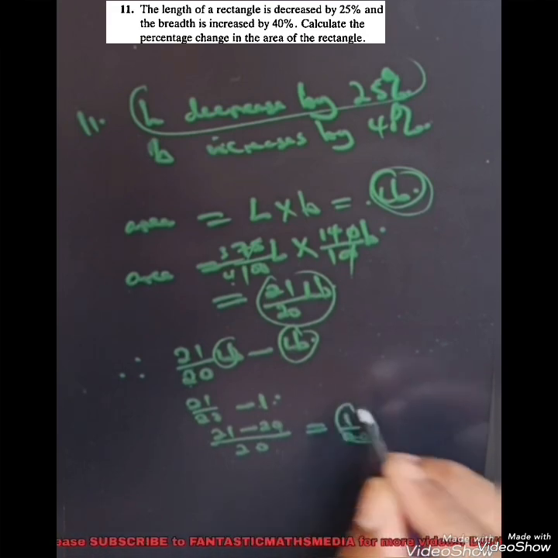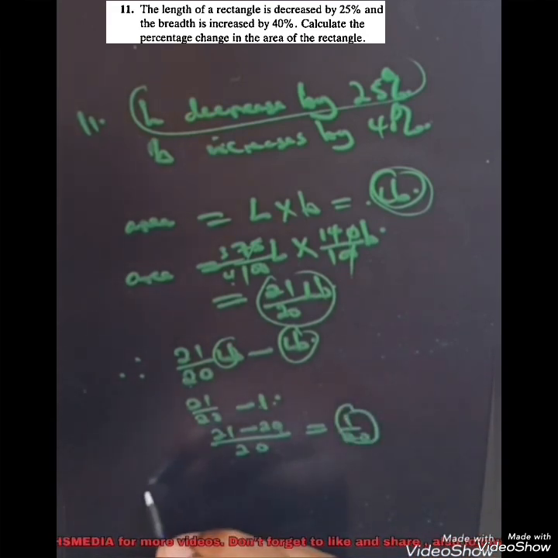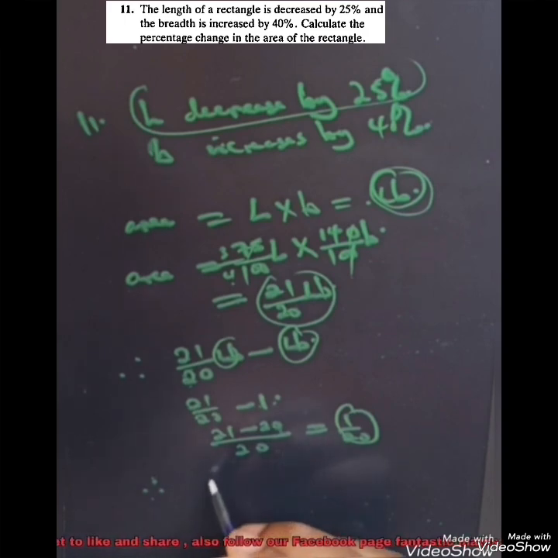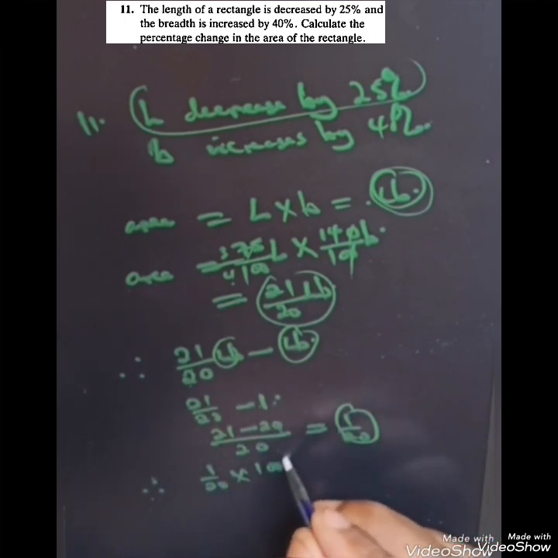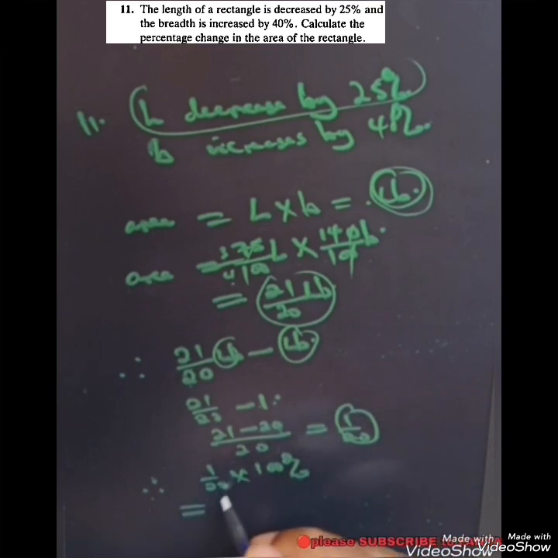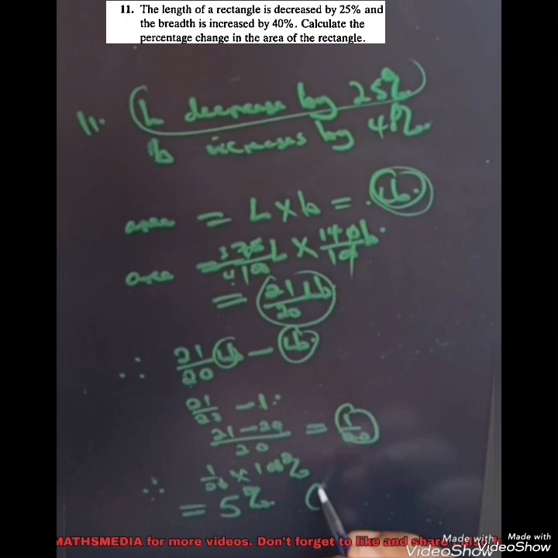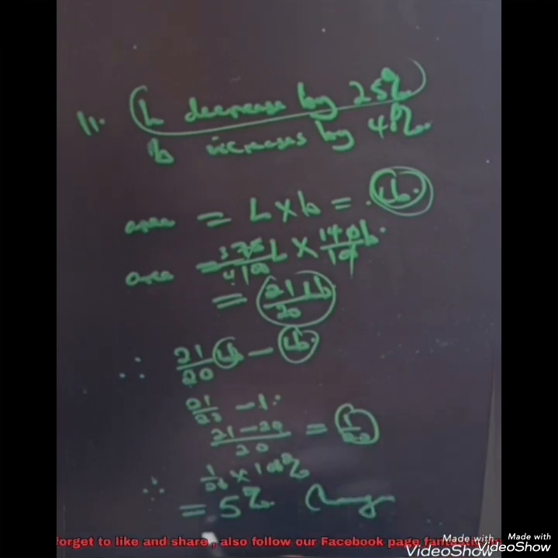This is the change. So we need to convert this to a percentage. Multiply 1 over 20 times 100%. So our percentage change will be 5%. 5% is our final answer for number 11.